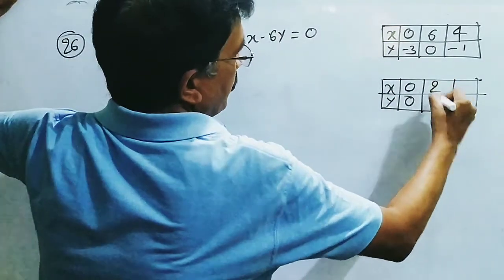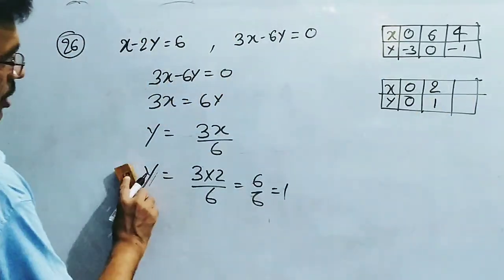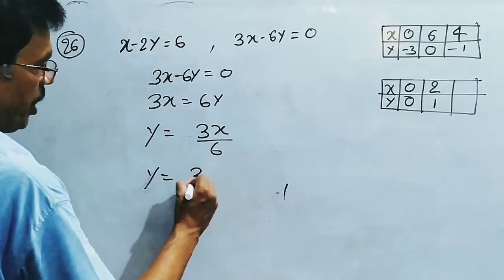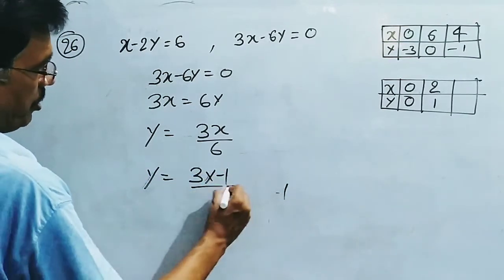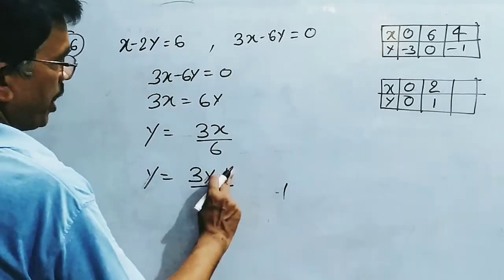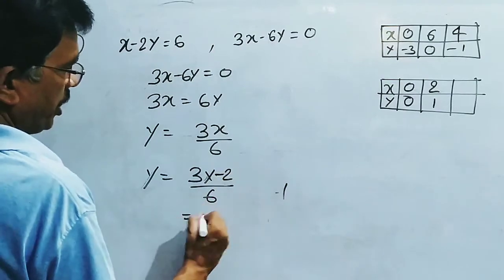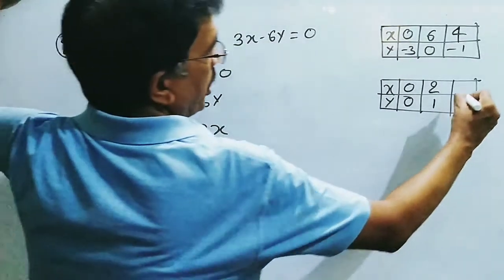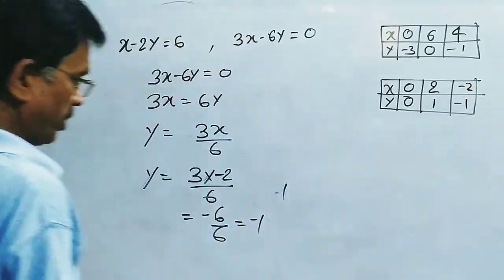X is 2, then y is 1. Third, when you write x is minus 2, that is minus 6 by 6, that is minus 1. So x is minus 2, then y is minus 1.